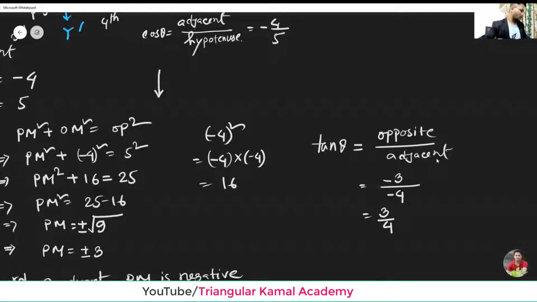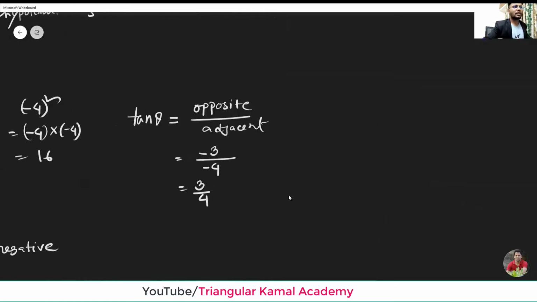This is one answer. Another is to find the value of sine theta. So now sine theta is, again, opposite by hypotenuse.